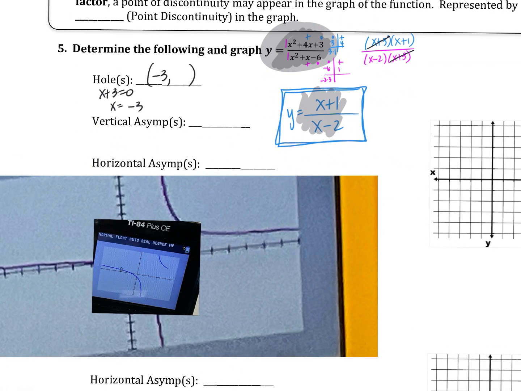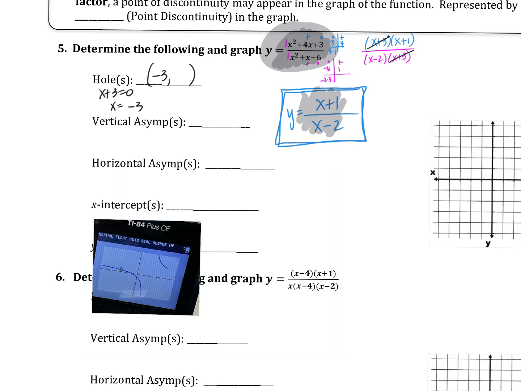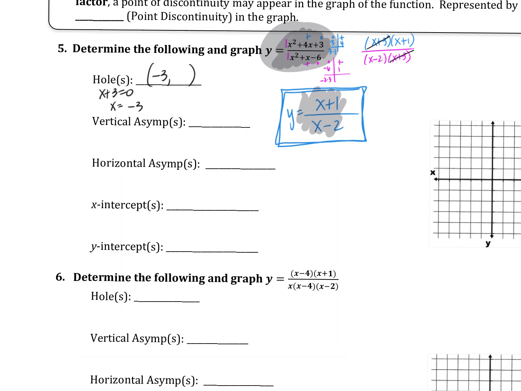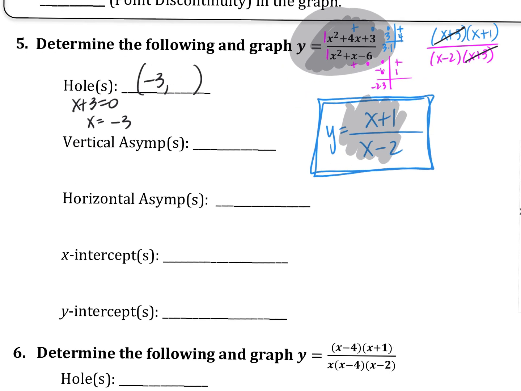So here's the deal. We need to go find the value of that hole, and here's how we're going to do it. This was our function when we removed the hole. All we've got to do, you guys, is say, all right, I know the hole happens when X is -3. And we're going to plug in -3 for X right there.